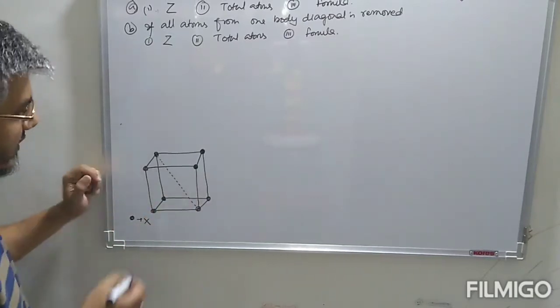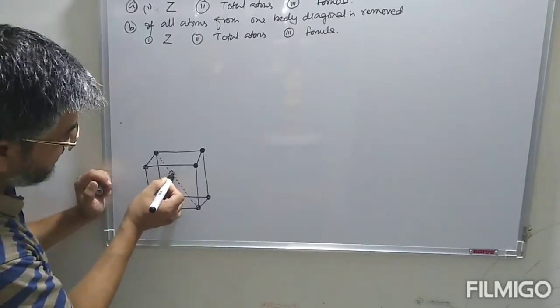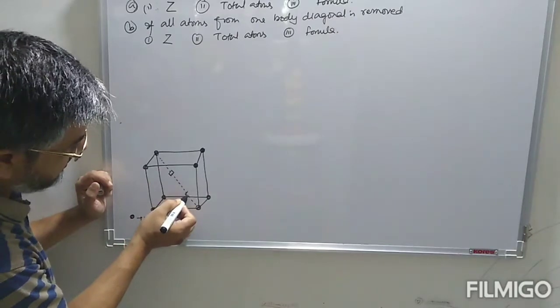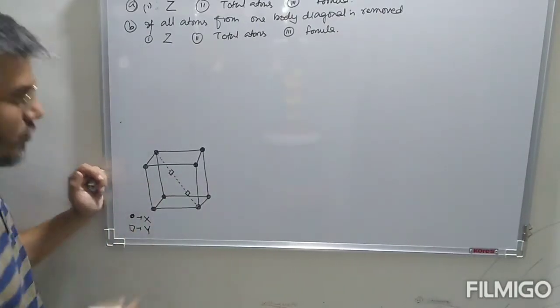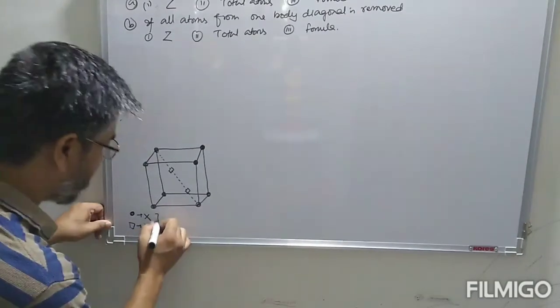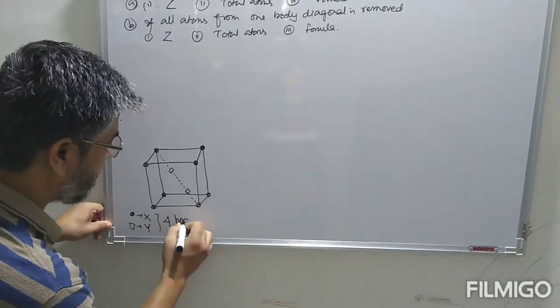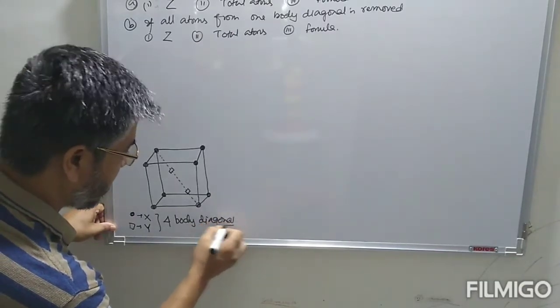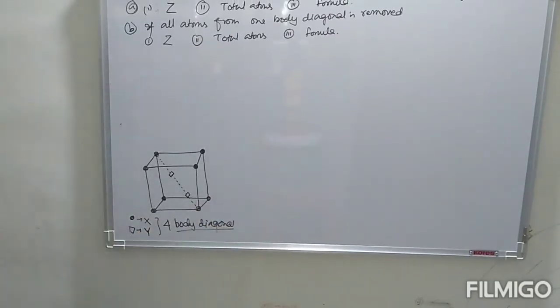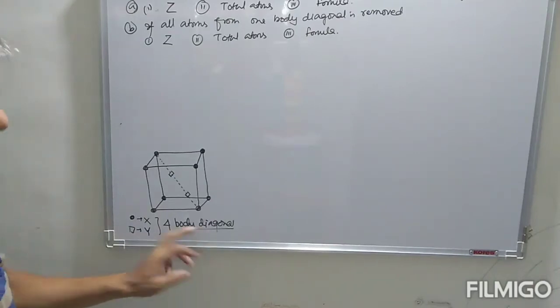So along one body diagonal we have two Y. Every cube contains four body diagonals.